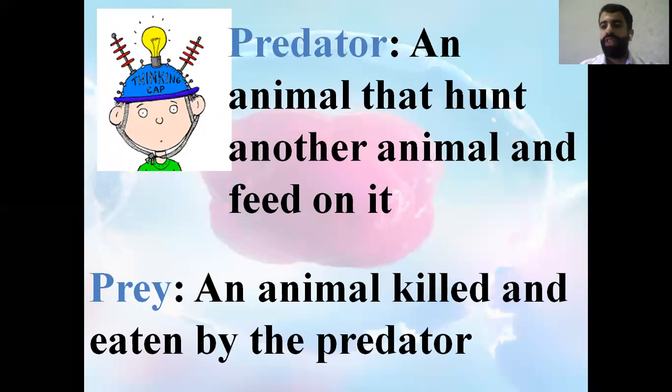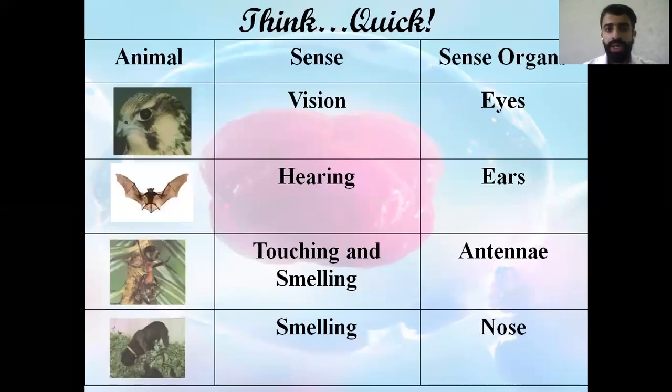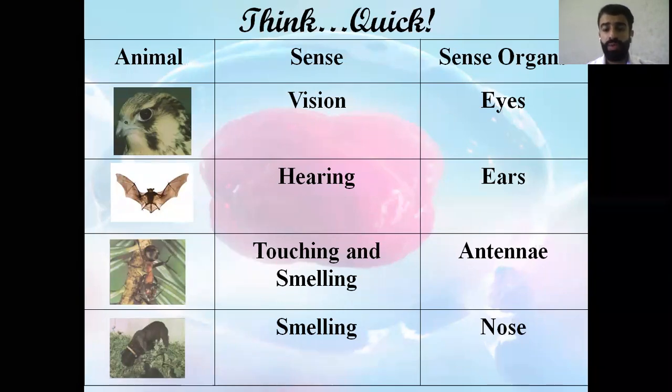For example, we have the lion and we have the rabbit. The lion is classified as the predator because it's the one that hunts another animal, which is the rabbit. The rabbit is classified as the prey since it's killed and eaten by the predator. So here, the falcon uses the sense of vision, while the sense organs are the eyes.